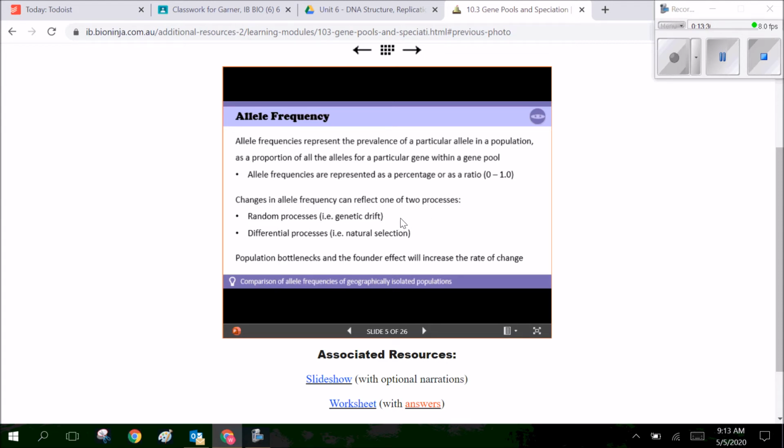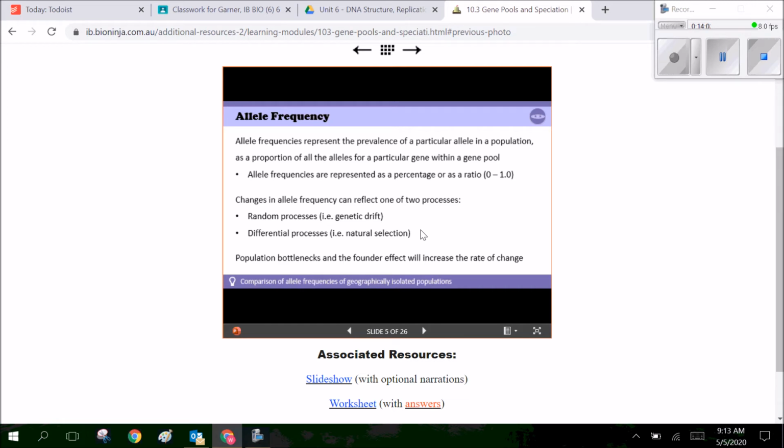It could reflect random processes like random organisms dying, natural disasters, stuff that's uncontrollable by nature and not controlled by natural selection, and that's what we call genetic drift. It's basically just the random stuff that happens every day that we can't control that changes the allele frequencies in the population. Then we have differential processes like natural selection, and differential means that we have some sort of directional change based off of some underlying cause.